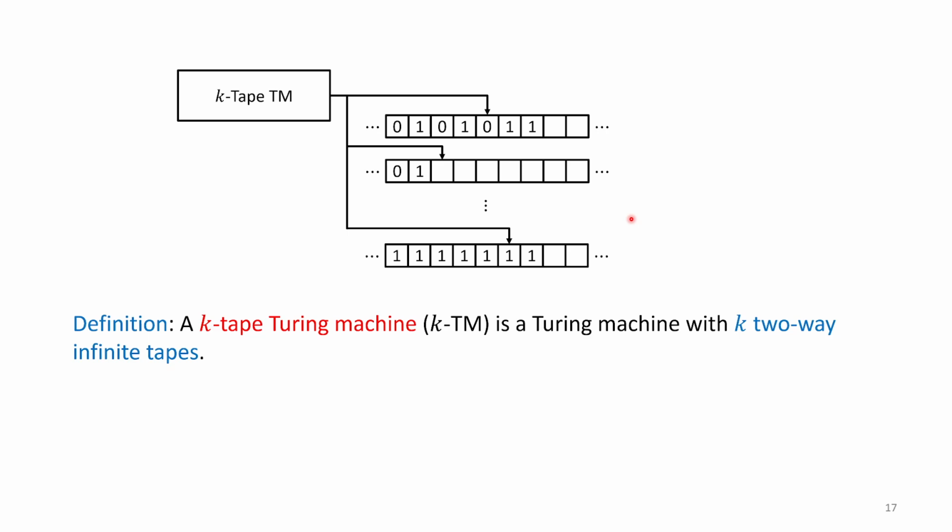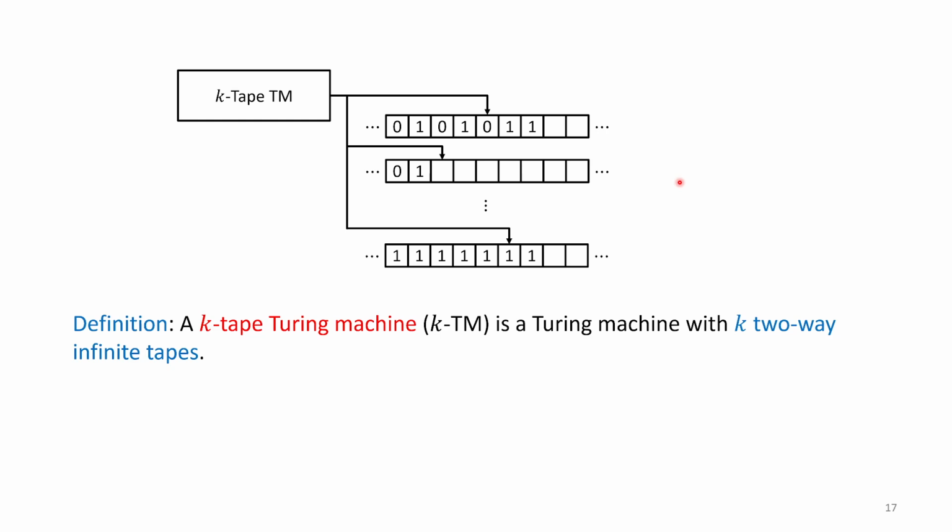That's what we're going to use them for as well, to store some extra stuff, that working memory, if you like. While that might allow us to keep the input tape untouched, maybe we don't do anything to it so that we can go back and copy it down again later. Again, that's something we are going to use our K-tape Turing machine for. So these extra tapes, these auxiliary tapes, typically start out empty, but we might be using them for special purposes as we go.